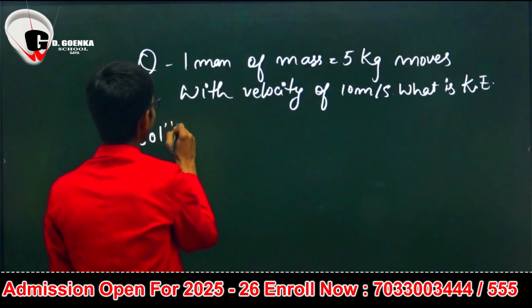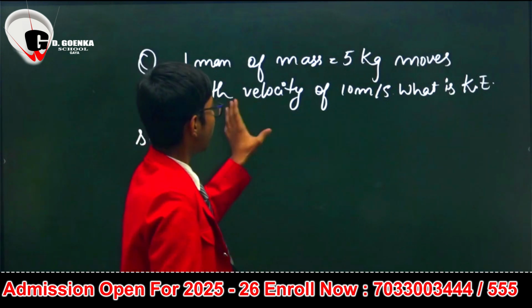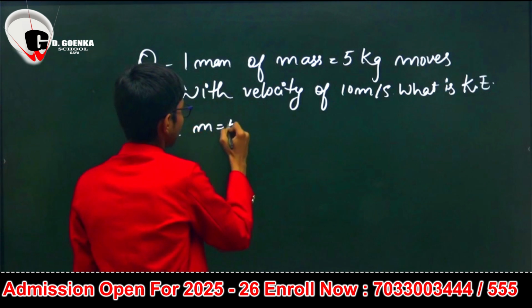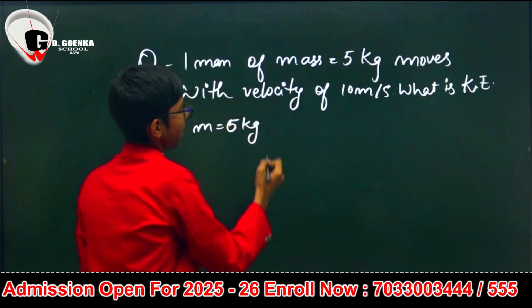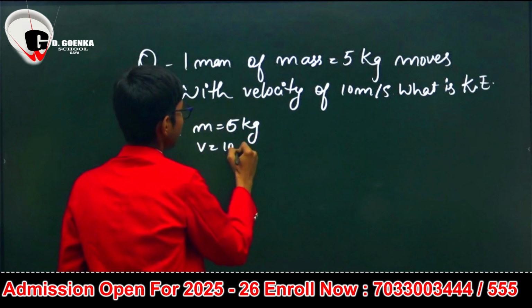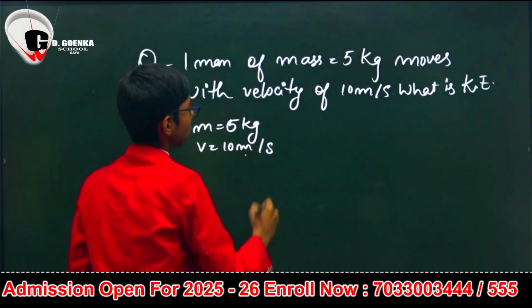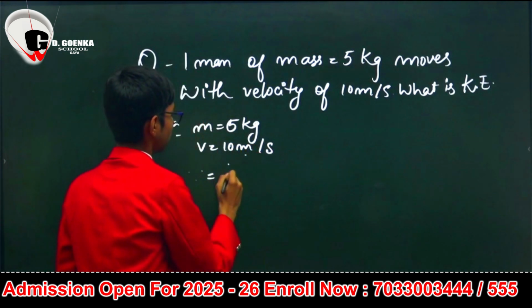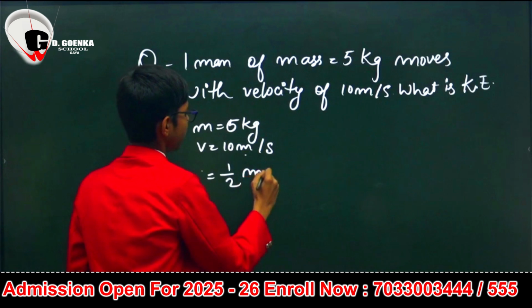First of all, before solving any question, we have to write the given data. So here the mass is equal to 5 kg and the velocity is equal to 10 meter per second. So we know the formula of kinetic energy is equal to half mv square.